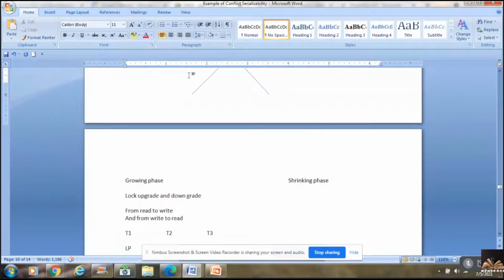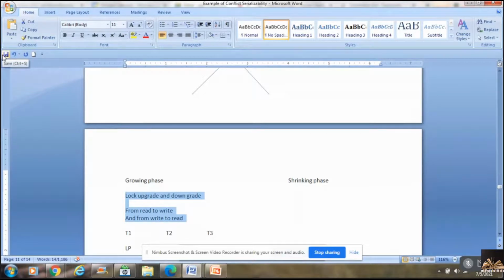So this is the growing phase. This is the shrinking phase that has come down, ma. And just a small point I've missed out. You have something called lock upgrade and lock downgrade.